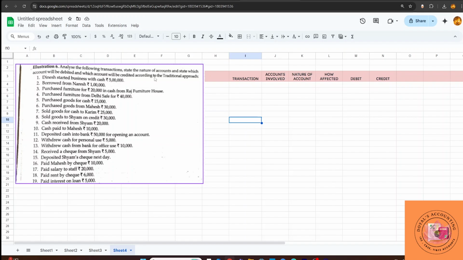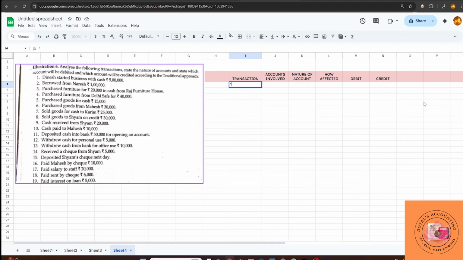Okay, they have written traditional approach here, but we will do the modern approach as well. We will do both. So first let's go with the modern approach since we just read that concept. What was the modern approach? Modern approach said that accounts can be classified into five types: assets, liabilities, capital, expense and revenue.